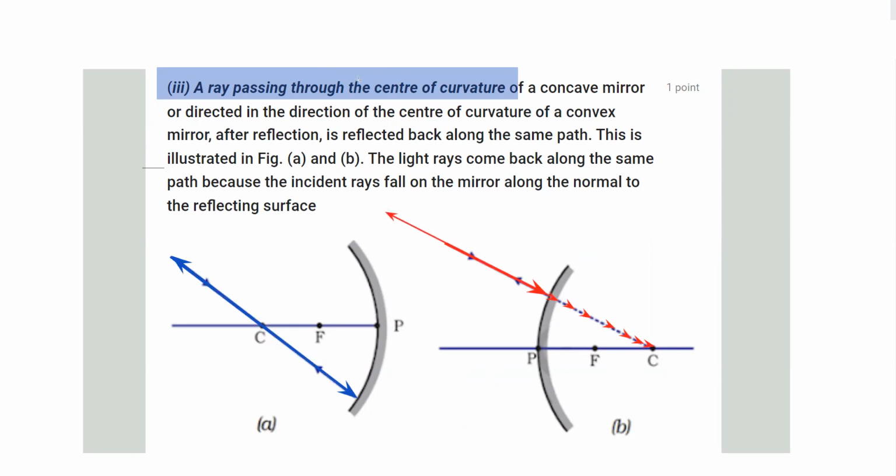Here the normal is this line itself, and that's why we consider the angle of incidence as well as the angle of reflection as 0. The angle formed by the incident ray and the normal is 0, as the incident ray itself is acting as the normal.